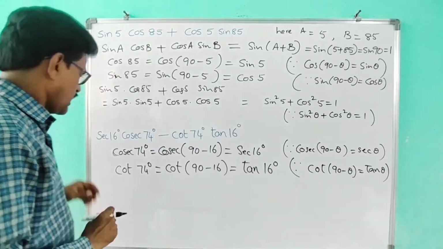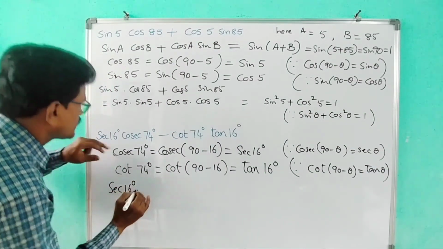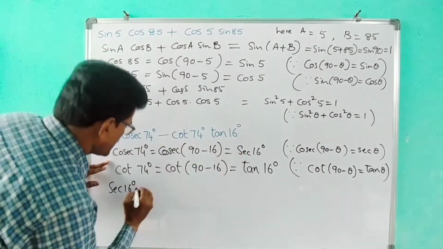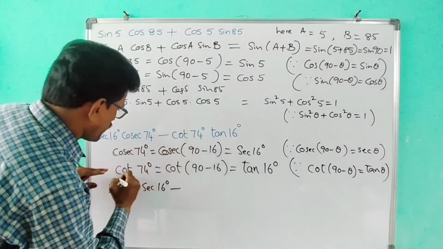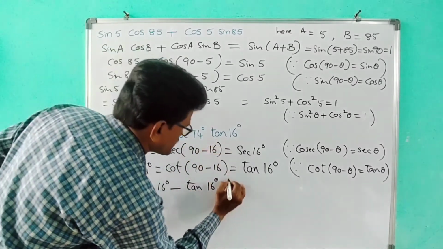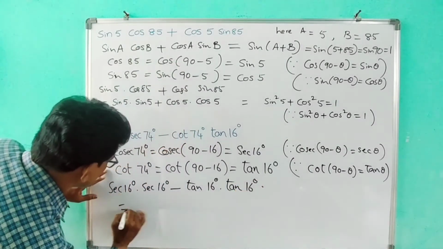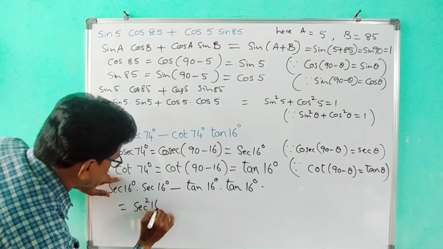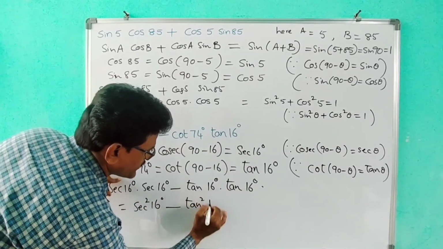Now I am changing the first one. Sec 16 degrees. Now cosec 74 I am writing as sec 16 degrees, minus cot 74 I converted as tan 16 degrees, once again tan 16 degrees. So this is sec square 16 degrees minus tan square 16 degrees.